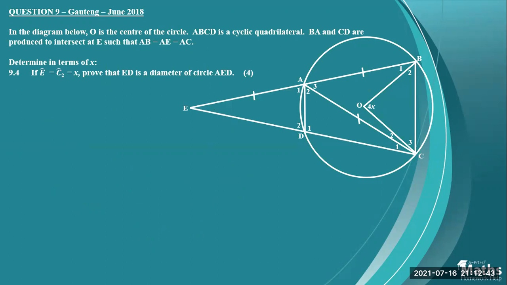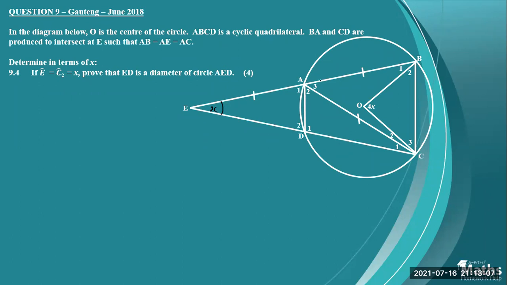Then this one, this would be the last question for this session. If E is equal to C2 is equal to x, you see now at least we can be quite relieved because now they basically tell us that we were right. Then it says, prove that ED is a diameter.